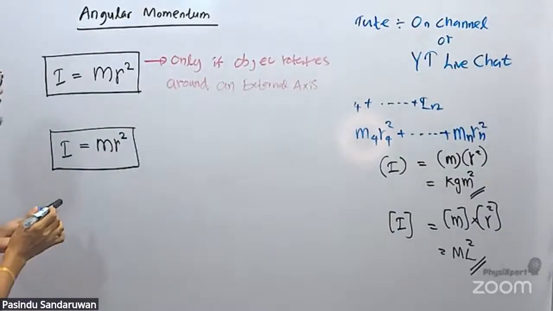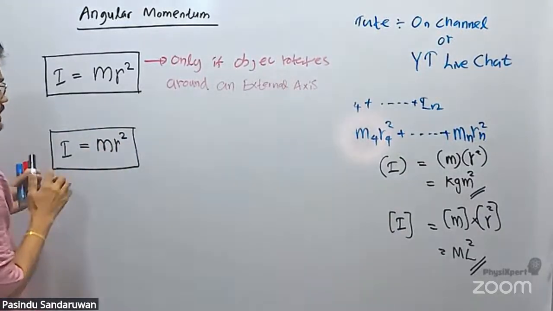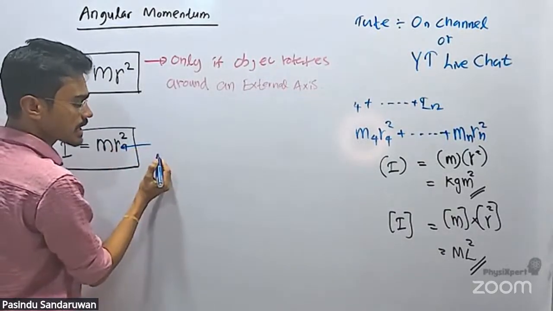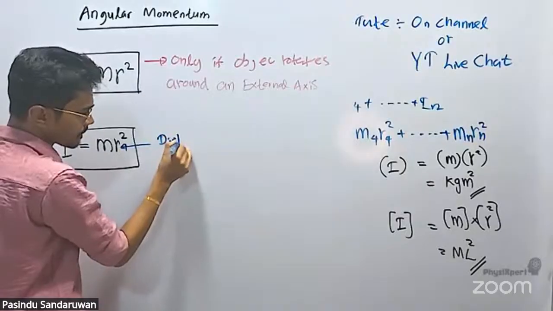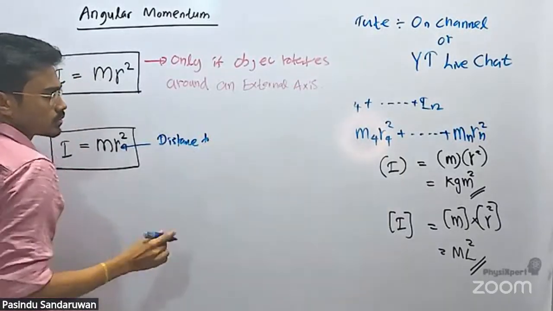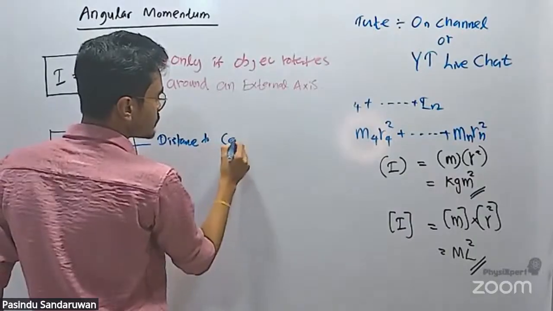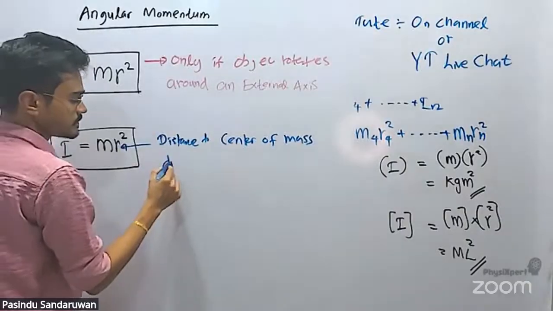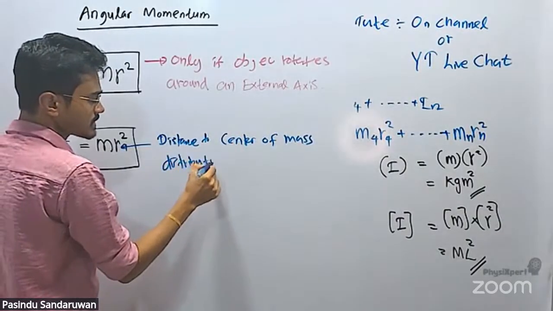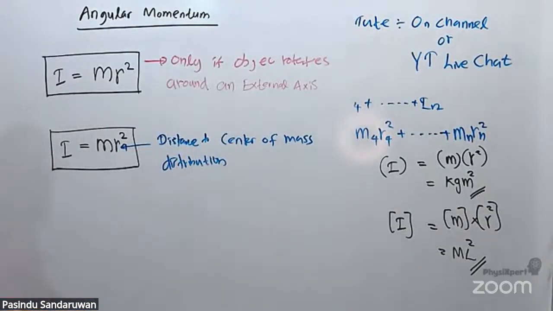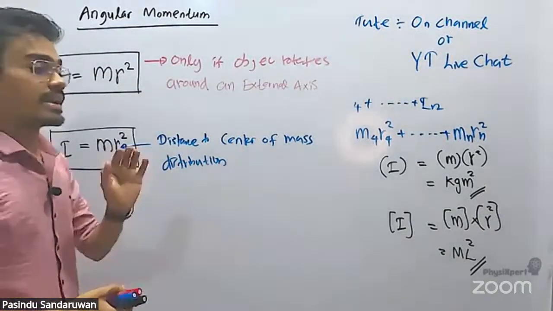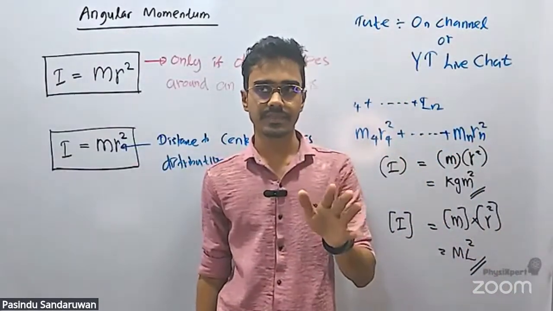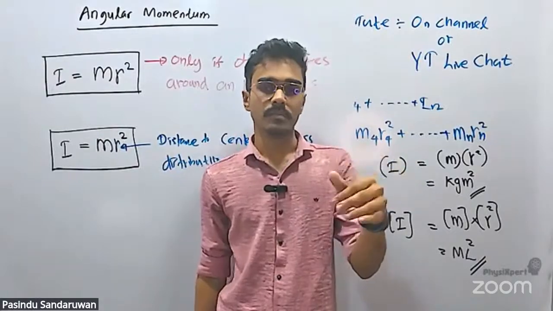So in that case, we use this R as the distance to the center of mass distribution. If you are writing this for an internal axis, it is never going to be the radius. That is not the radius; that is the distance to mass distribution.